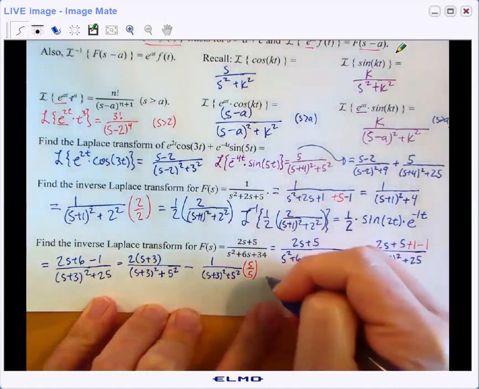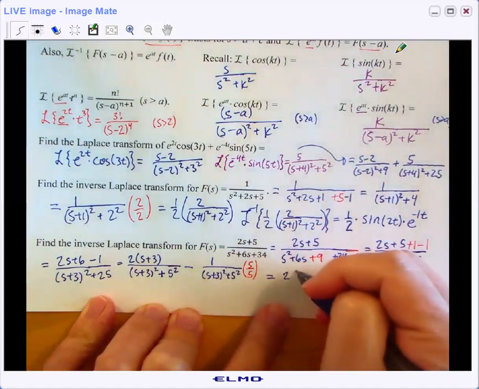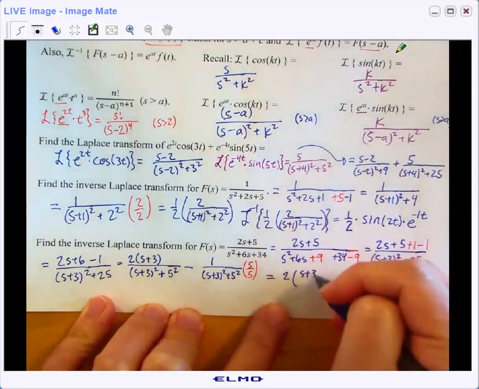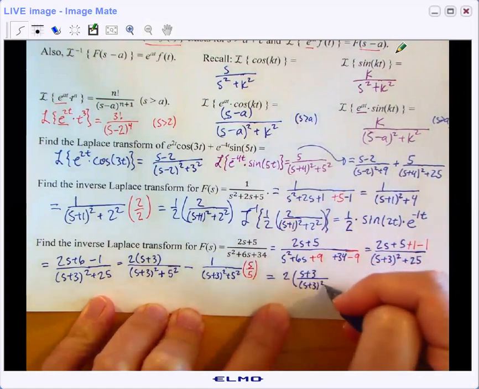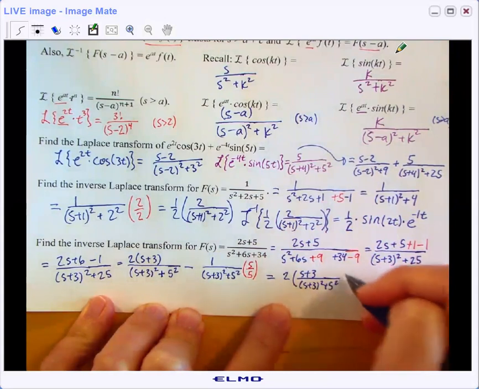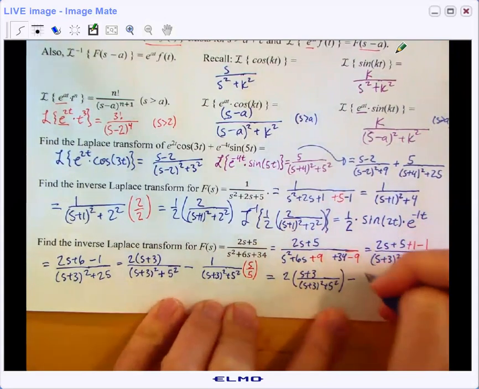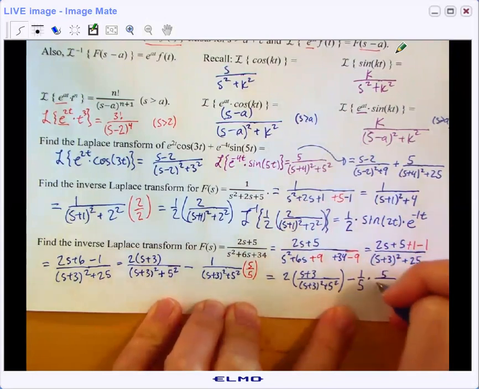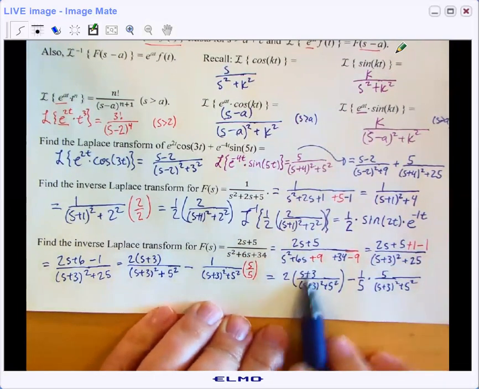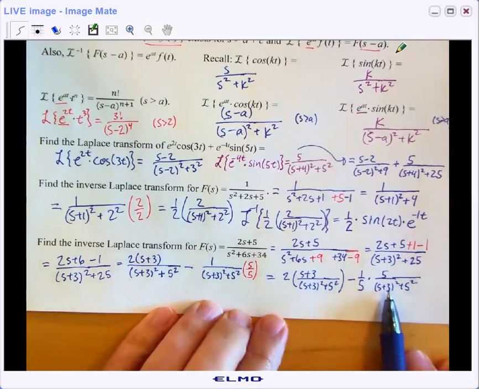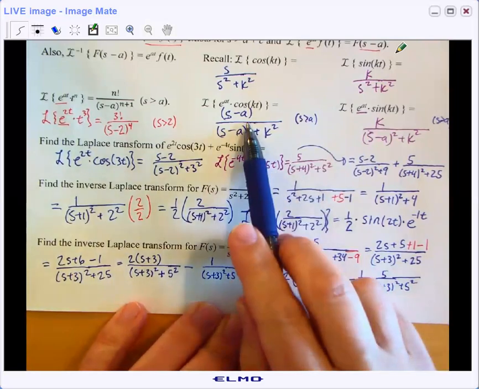So we've got literally 2 times (s + 3) over ((s + 3) squared plus 5 squared), minus 1/5 times 5 over ((s + 3) squared plus 5 squared). And these now look like things that we recognize.